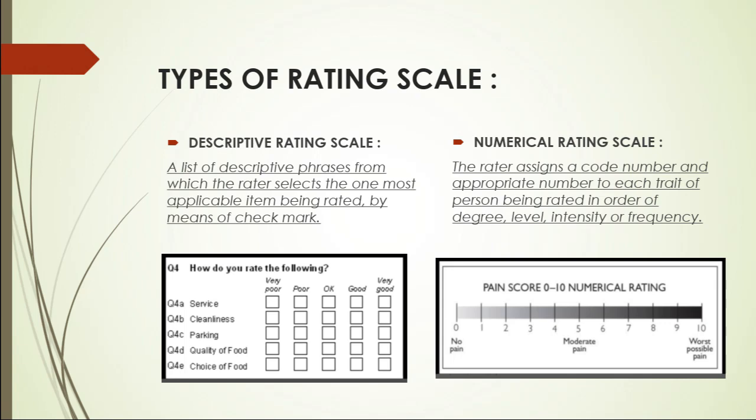Next is numerical rating scale. In this, the rater assigns a code number, an appropriate number, to each trait of the person being rated in order of degree, level, intensity or frequency. As you can see in the picture, this rating scale contains numbers and it is marked 1 to 10. So on the basis of performance, the one who is performing gets a number from 0 to 10.